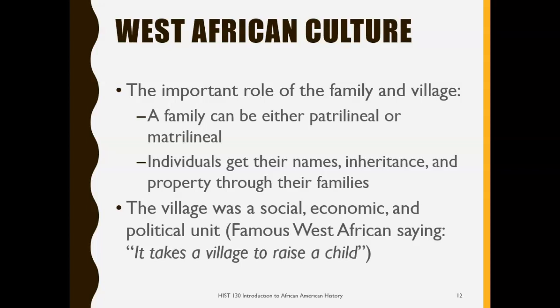That's why the family is very important. With regard to the village, the village constitutes a social, economic and political unit in Africa even today. And this led to the saying in West Africa that it takes a village to raise a child.